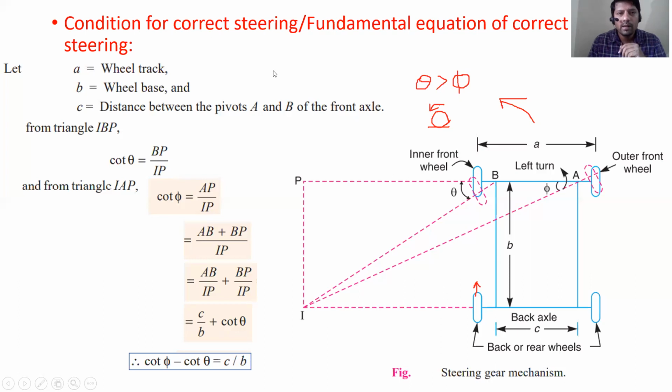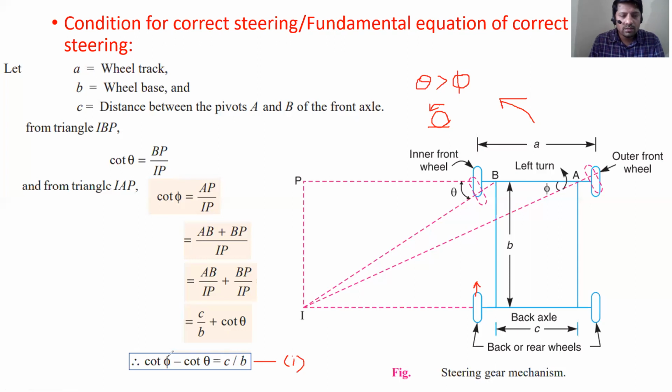If you want to have the correct steering, then what should happen? This relation between angle phi and angle theta should be satisfied.